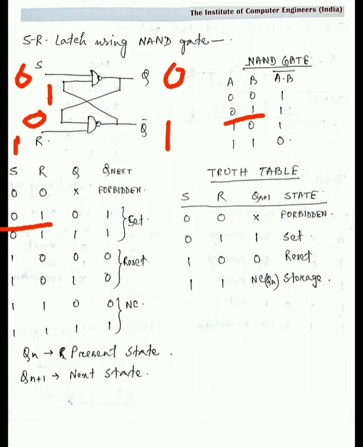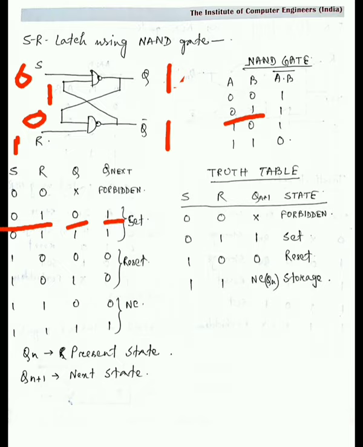Again for 0 and 1, the output of Q will be 1. So if S is 0 and R is 1, then if the previous output of Q is 0, it changes into 1.